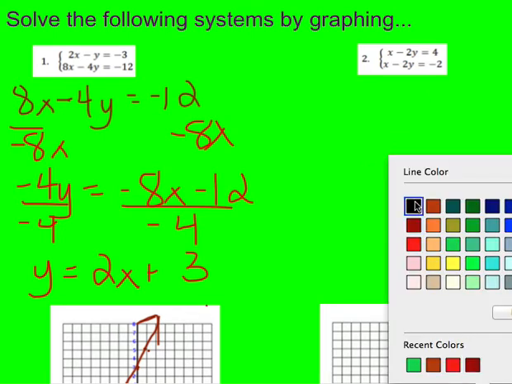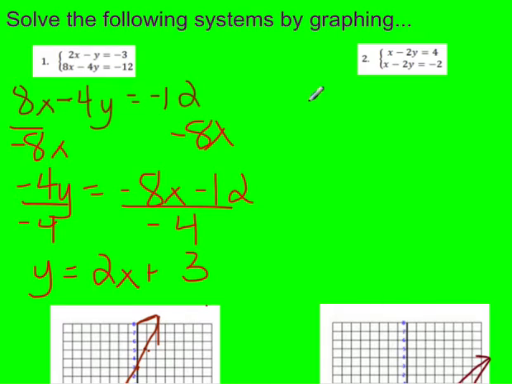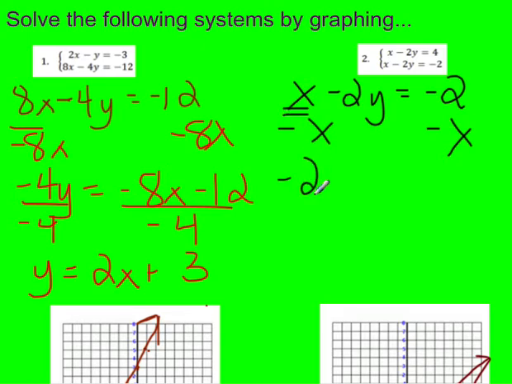So for the second equation, I have x minus 2y is equal to negative 2. So the first thing I want to do is subtract x from both sides. Again, this is a positive x. So to bring it over to the other side, I need to subtract x. So then I get a negative 2y is equal to a negative x minus 2.